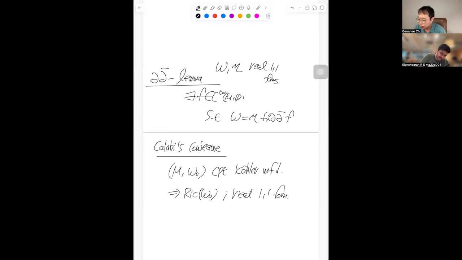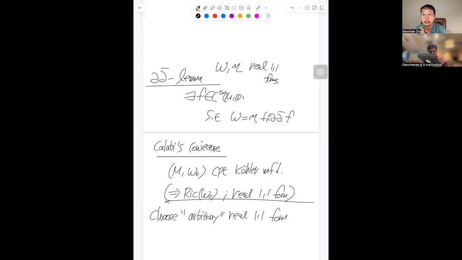Just choose arbitrarily a real (1,1) form. This is just a remark that we already know. The Ricci two-form becomes a real (1,1) form if the Kähler metric is already given, and we already assume we have a Kähler metric here. So let me say eta is a real (1,1) form.